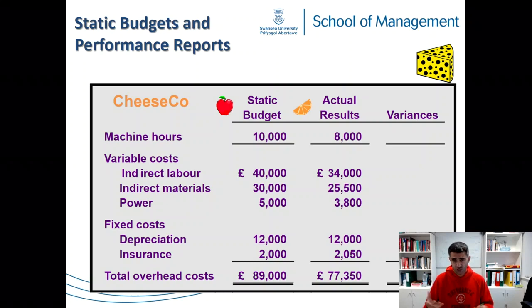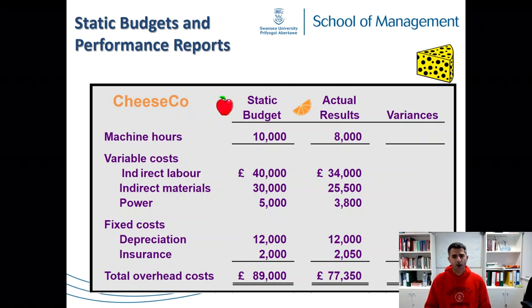If you look at the actual results, what happened? It's based on 8,000 machine hours, not 10,000 machine hours. Can you see now there is a difference in level of activities, and that's what makes it really difficult to compare.